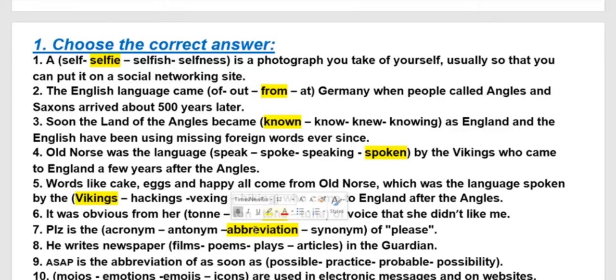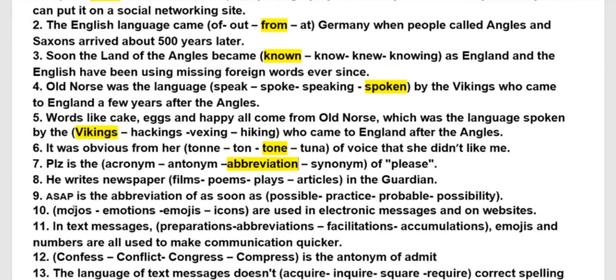But as for acronym here, right? Acronym, we're going to study it now. Acronym is a word formed from the first letters of a group of words that form one word. He writes newspaper, right?